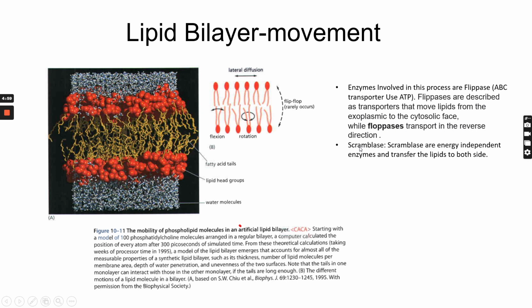The scramblase, on the other hand, is not ATP dependent. It is an energy-independent transporter and does not require ATP to transport from one side to another.